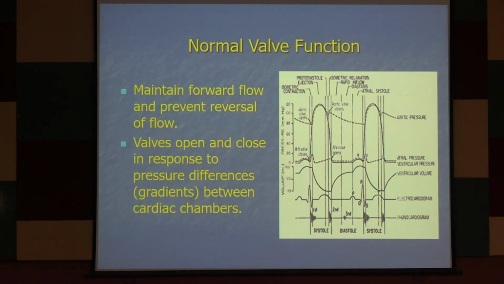Valve undergoes opening and closure in response to pressure differences between the left ventricle and the aorta, that is the pressure gradient. On the basis of pressure gradient, we can assess the severity of the aortic valve stenosis.